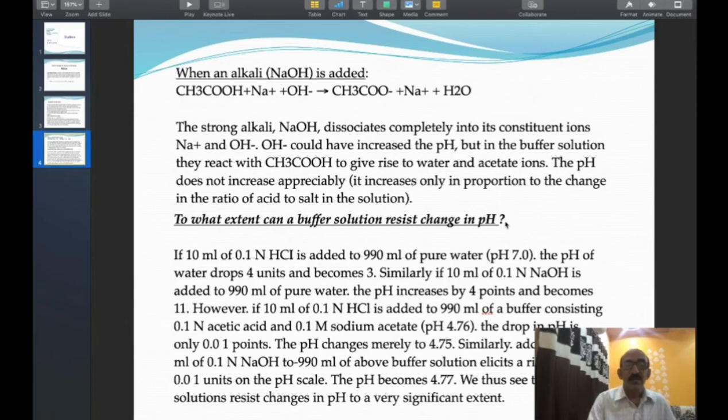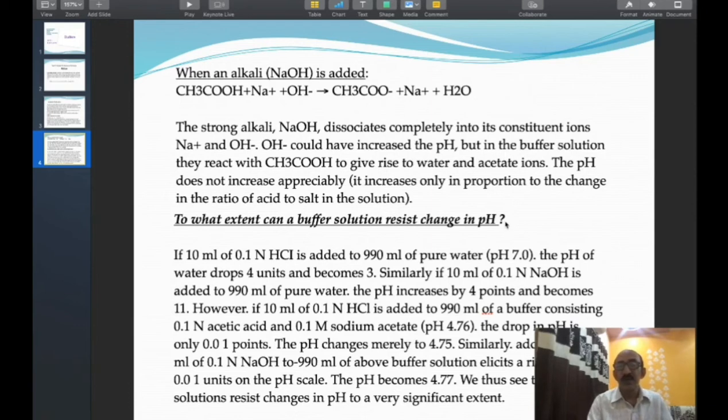However, if we add 10 ml of 0.1 normal HCl to 990 ml of buffer consisting of 0.1 normal acetic acid and 0.1 molar sodium acetate. Now we are taking buffer solution, 990 ml of buffer solution.